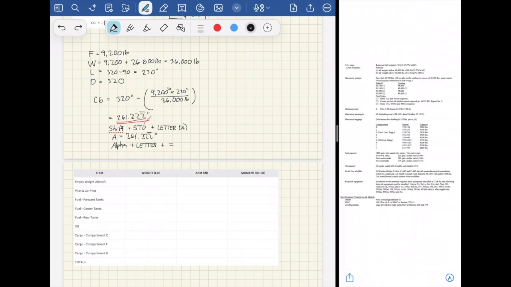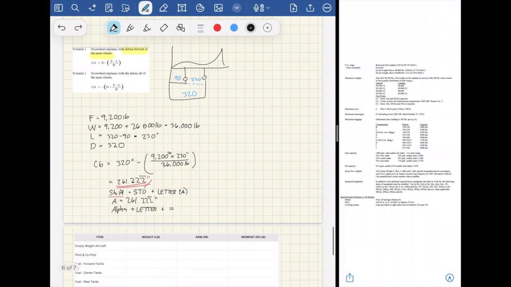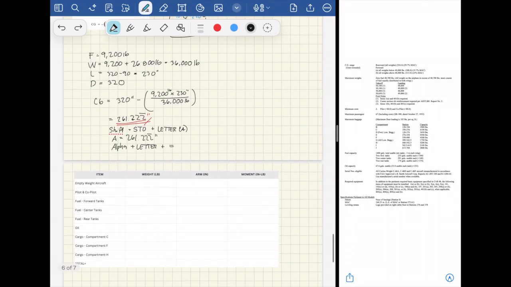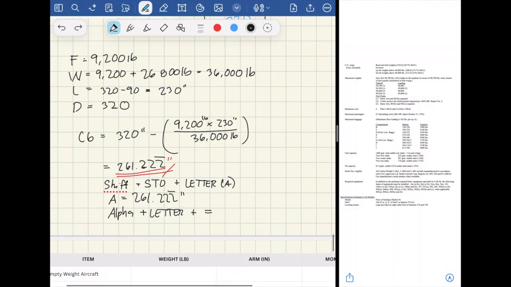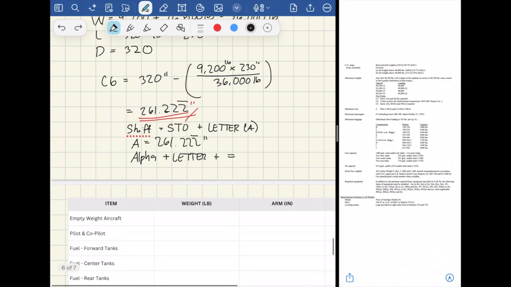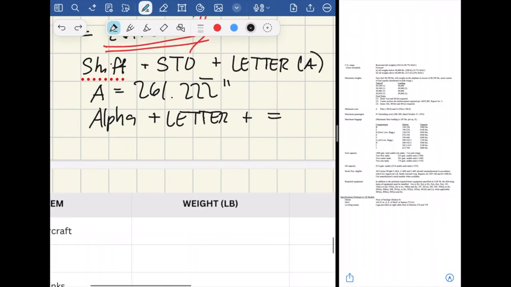Okay guys, so we are now done with the step 1 na alamin natin yung ating empty weight center of gravity. Now, we will proceed sa table. Okay, so from our previous solving, alam natin yung weight ng ating empty weight aircraft. So that will be 36,000.